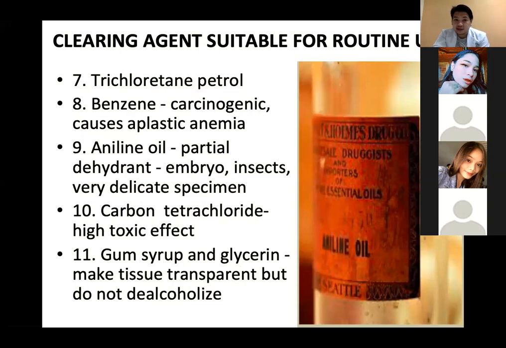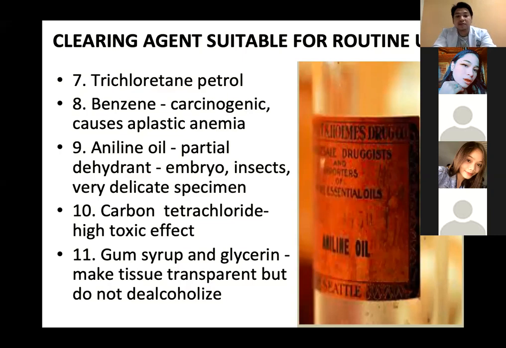Okay. Aniline or aniline oil, it's a partial dehydrant. It is used for embryos, insects, and very delicate specimens. Okay. Carbon tetrachloride. Okay. High toxic effect. Carbon tetrachloride, class, is not being used today as it can cause liver and kidney degeneration.